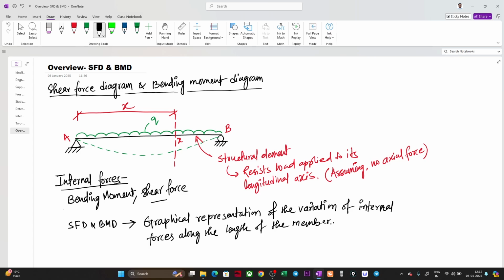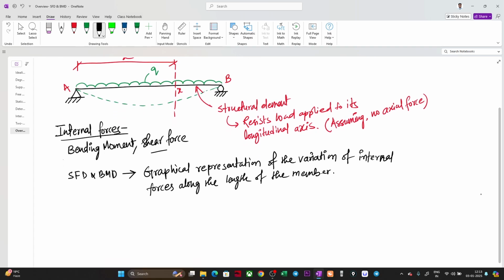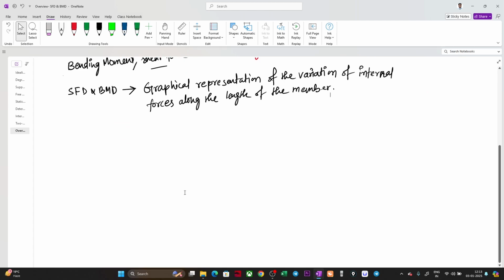length. Okay, so if we cut a section like this and draw the free body diagram of this particular beam, what will we get? Suppose this is up to my x distance.